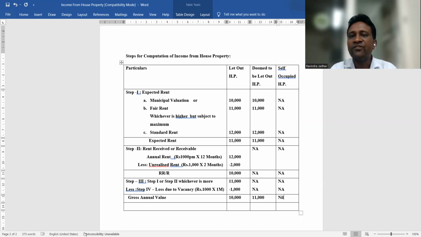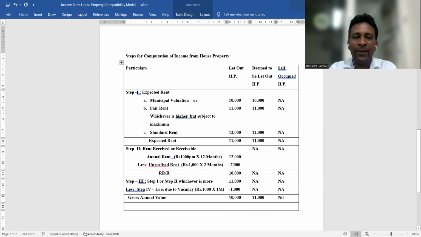So in case of self occupied house property, gross annual value is always nil, because there are no steps applicable for self occupied house property. Got it? Okay, so this is the format of calculation of gross annual value.